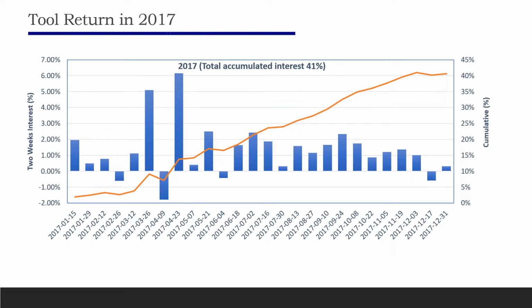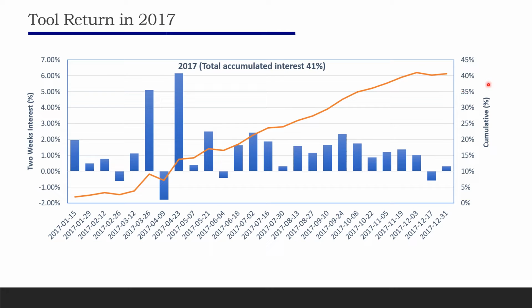Starting with 2017, here you can see the performance of this method. Again, on the right axis, you can see the accumulative return, and on the left axis, the return for each individual 2 weeks package.